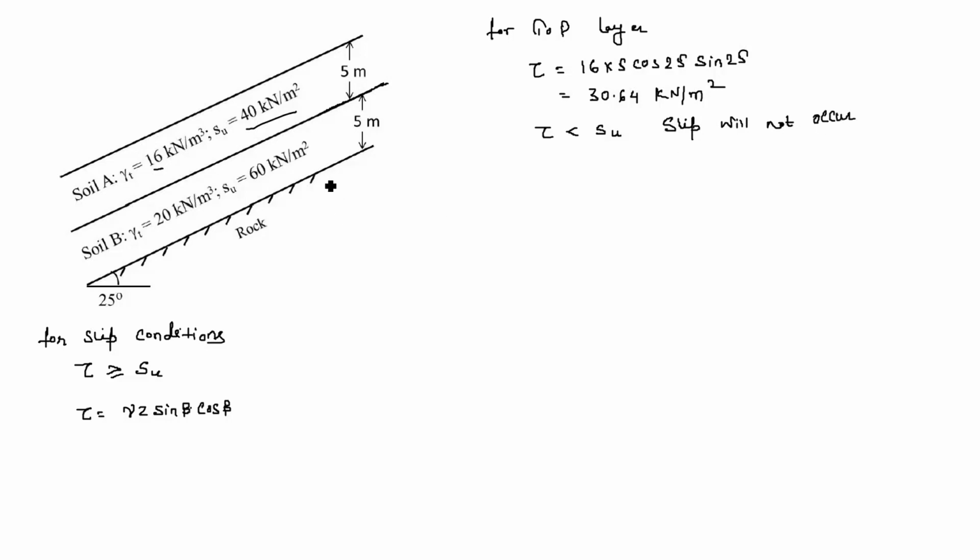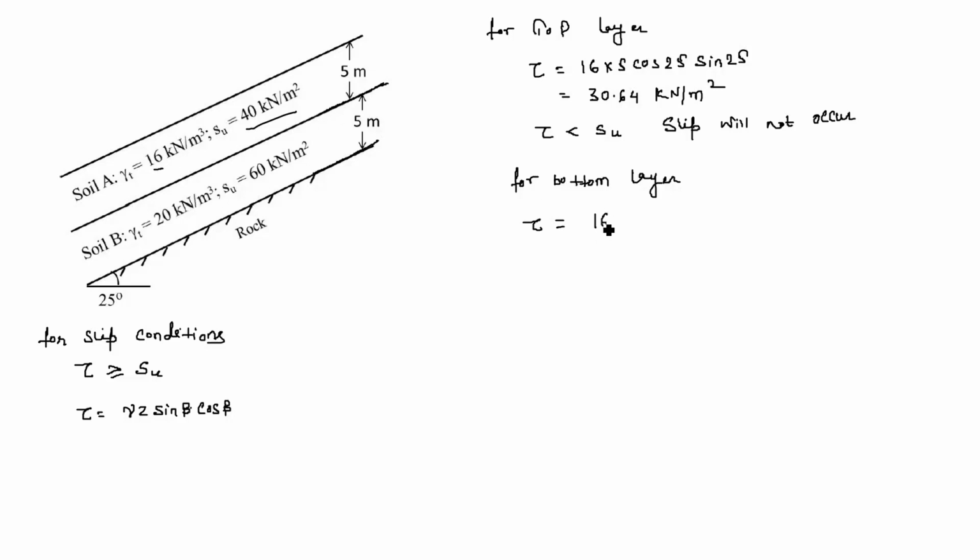Now find the shear stress at the bottom of the second layer, or the bottom layer. For the bottom layer, the shear stress at the bottom of the layer is gamma into z. Here the gamma z will be the overburden pressure, which is 16 into 5 plus 20 into 5.